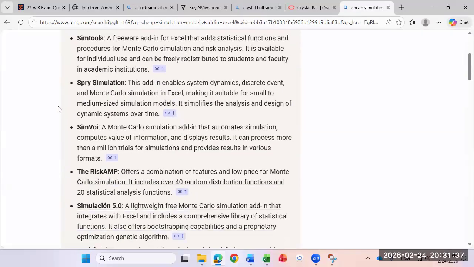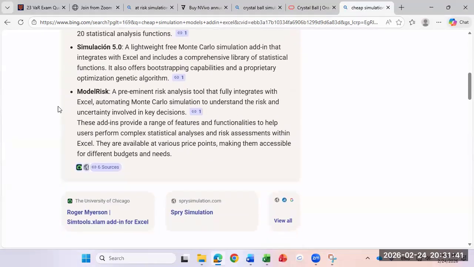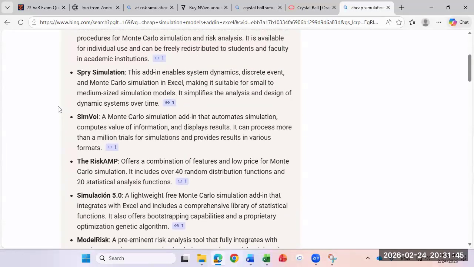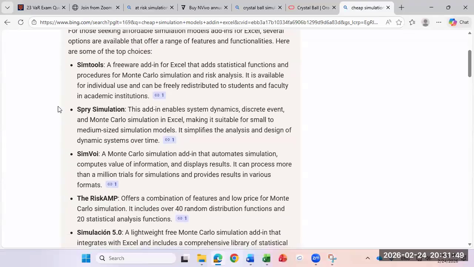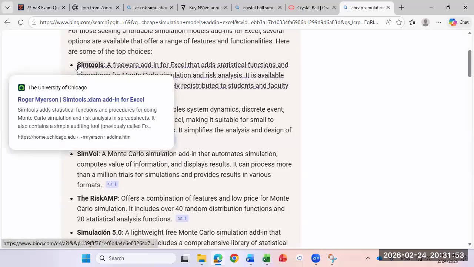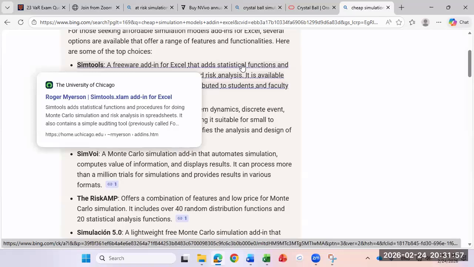Read more. SimTools, Spry Simulations, SimVoi, RiskAMP, Simulation Model Risk. So I don't know if any of those are good. You know, 6 of y'all get together, throw in $10, you could probably get one of these. I don't know how. This one's the top one, so that's a free add-in for Excel.